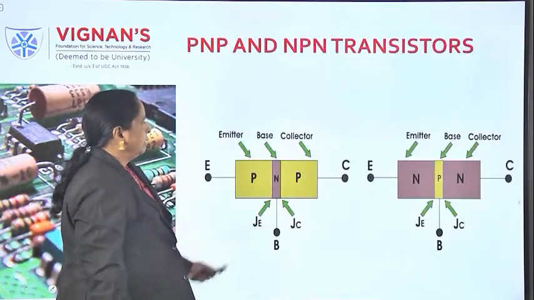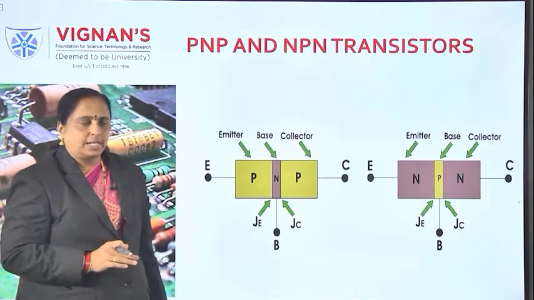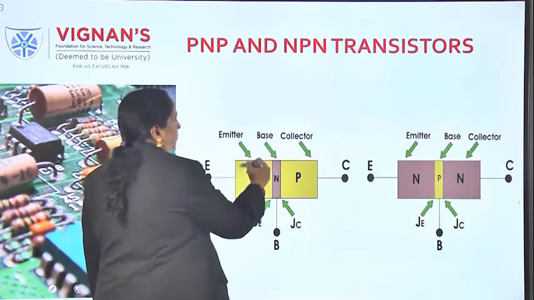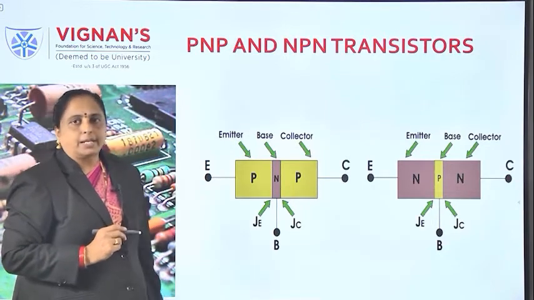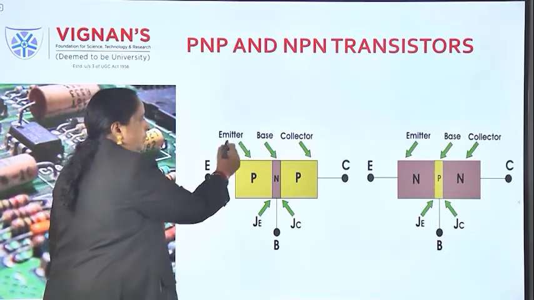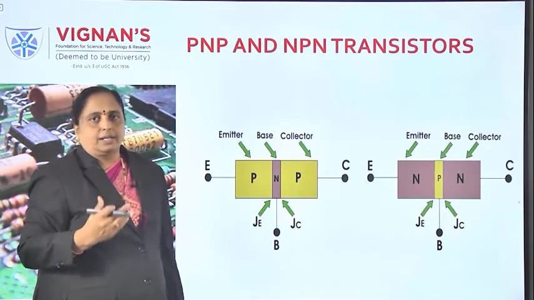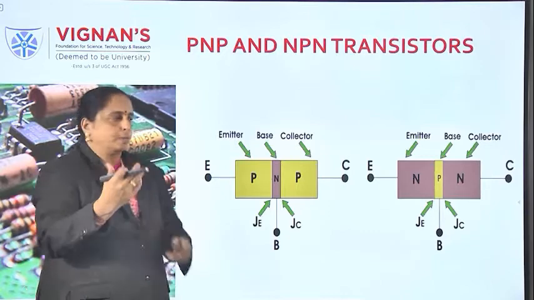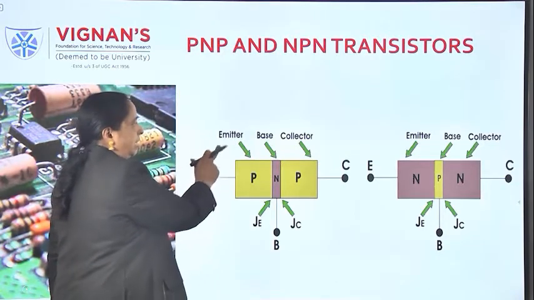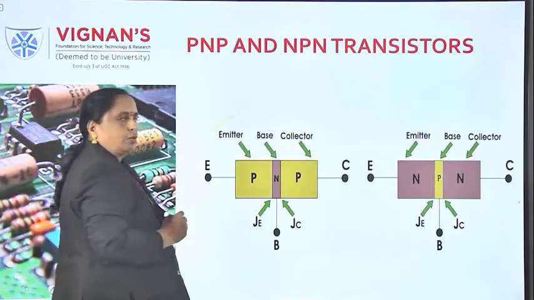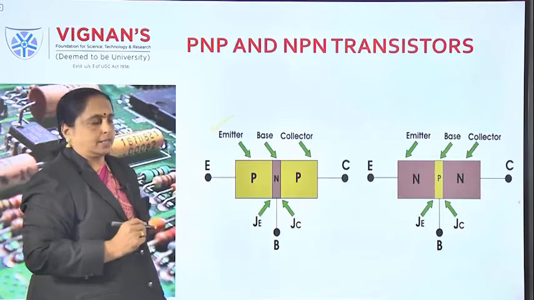Now if you see the construction to study the important terminals of BJT, there are two types, of course, PNP and NPN transistors. The left side P material is known as the emitter. Why has the name emitter been given? Because it emits the carriers. It acts like a source. Therefore, in a PNP transistor, the left P side material is known as the emitter, which emits the majority charge carriers towards the base and collector.